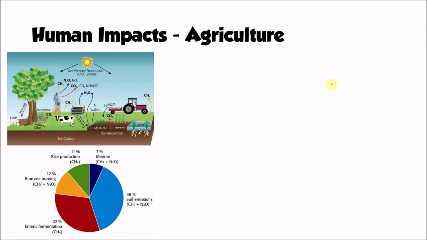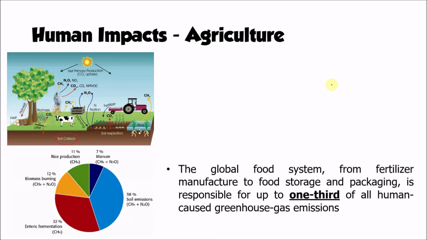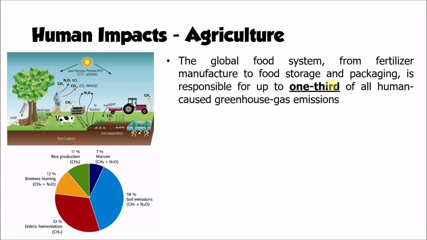Agriculture is another really important driver of changes to the carbon cycle. There are a number of agricultural activities that release carbon dioxide. When we actually take into account the emissions from not just the production of food, but maybe from the fertilizers used to enrich the soil, to the storage and packaging of our food, its transportation around the world, food actually makes up about a third of all human-caused greenhouse gas emissions.